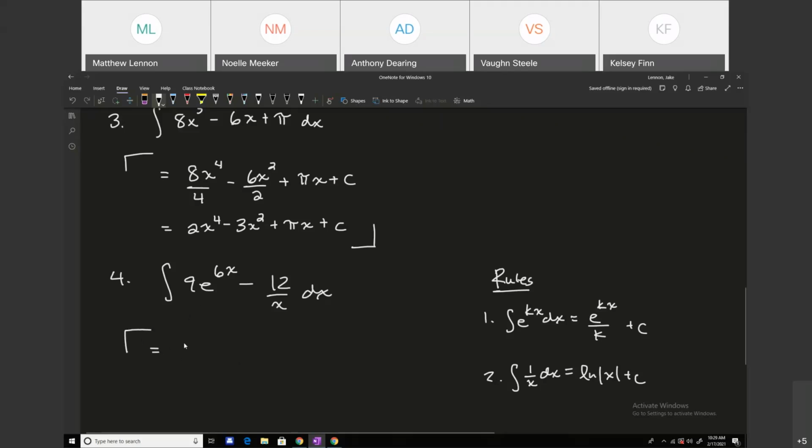So the first one, we'll have 9e to the 6x divided by 6 minus 12 times the natural log of the absolute value of x plus a constant. And then this can simplify to 3 over 2 e to the 6x minus 12 natural log absolute value of x plus a constant, something like that.